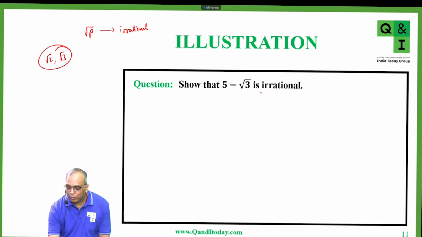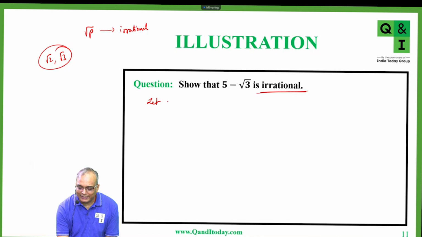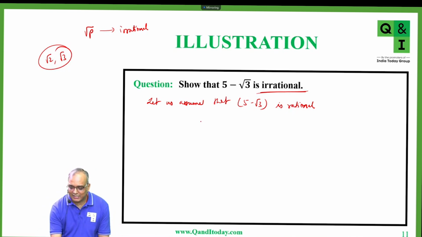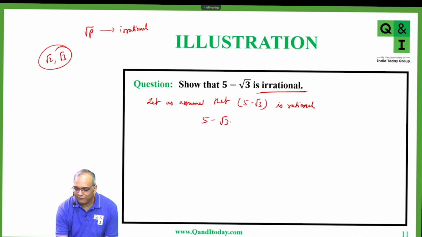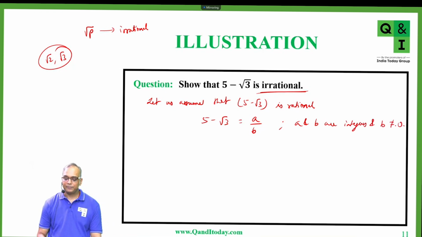So when you have to prove it irrational, you will assume it to be rational. So let us assume that 5 minus root 3 is rational. If 5 minus root 3 is rational, you can safely say that 5 minus root 3 is equal to a by b, where a and b are integers and b is not equal to 0.